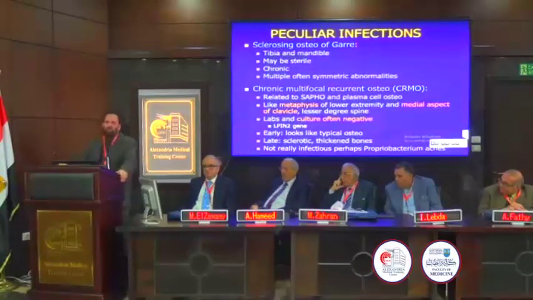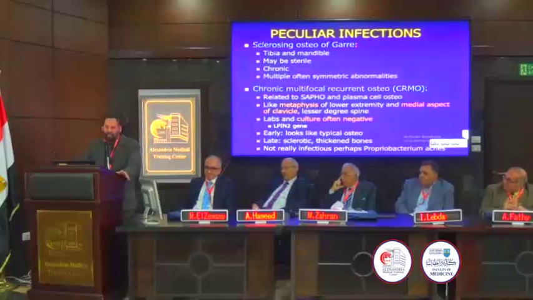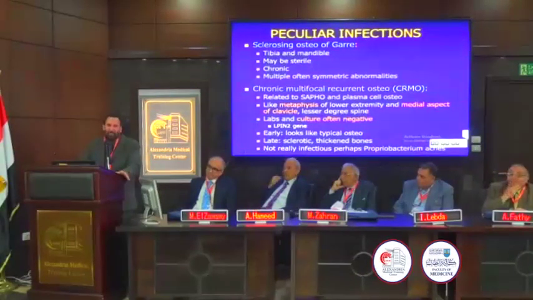So two peculiar infections before we get to TB and parasites. Sclerosing osteomyelitis of Garré is just chronic osteomyelitis with a lot of sclerosis. Fancy name. I think it was the first paper I ever wrote when I was a resident, but really of no interest. Described in the tibia and the mandible.